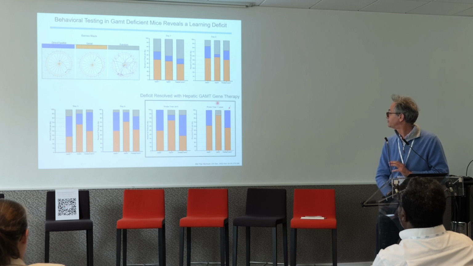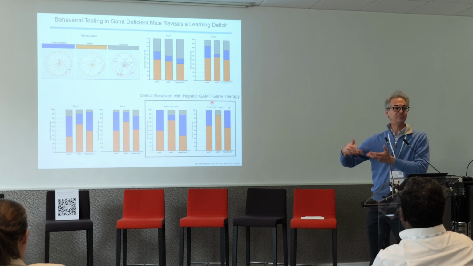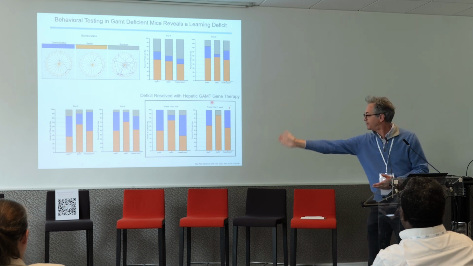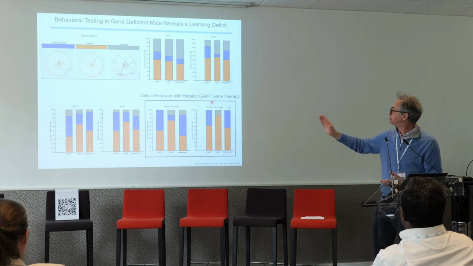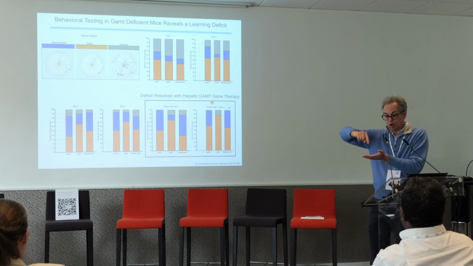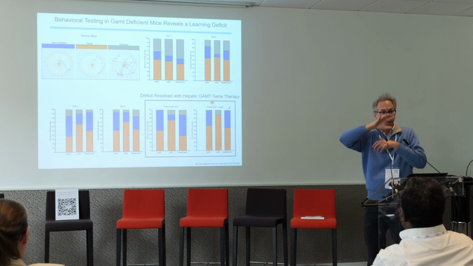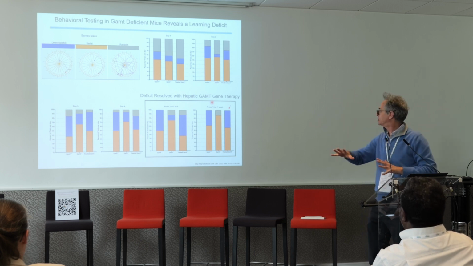If we look here, this is 1 week after they've been taught. The wild type mice, again, the column on this side, show primarily in blue the direct spatial. They know where it is, they go there every time. And the orange, the serial, they hunt. They don't have this random dissociated pattern.